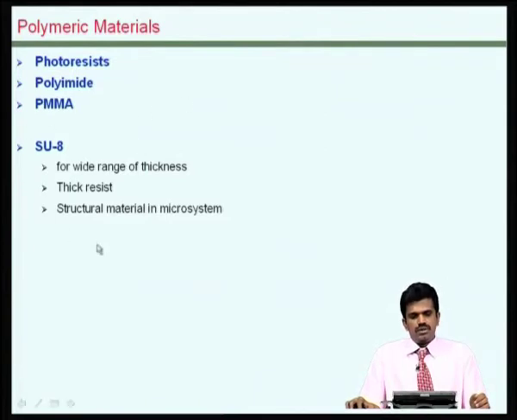And one of the materials that is becoming fast popular in the context of microsystems is SU8, which can be used for a wide range of thickness of up to millimeter thickness, and hence it is used when one needs thick structural members or thick resist materials and molds and other microstructure applications.